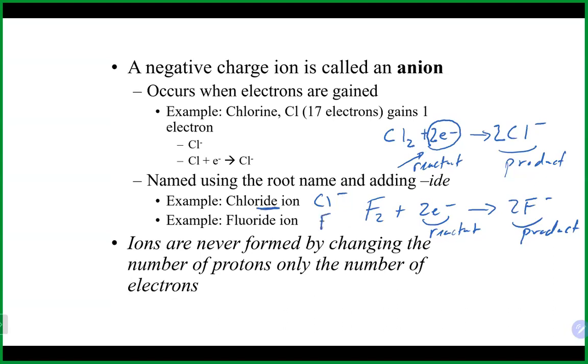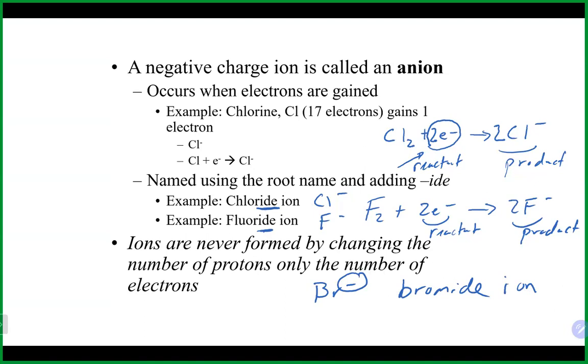Instead of fluorine, this would be fluoride. If I had Br-, this would be bromide. And again, just like the positive guy, if you were to write the formula for just the ion, we would show the charge in it. Any questions on that there?